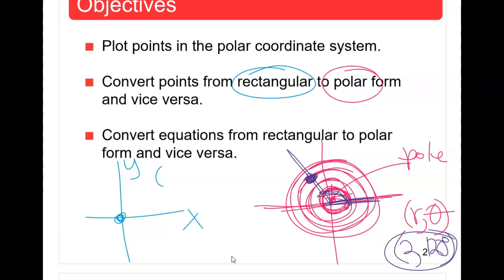With rectangular, we have x and y. And if we had a point such as negative 1 comma 2, perhaps that point might be located around the same place as this one.